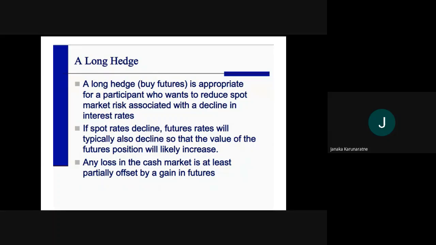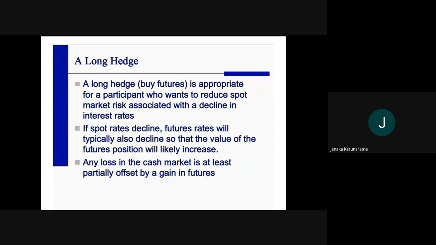So let's move on to the long hedge. Now, long hedge is appropriate for a participant who wants to reduce spot market risk associated with declining interest rate. So if you expect in the spot market the interest rates are going to decline, then better you buy futures or long hedge.